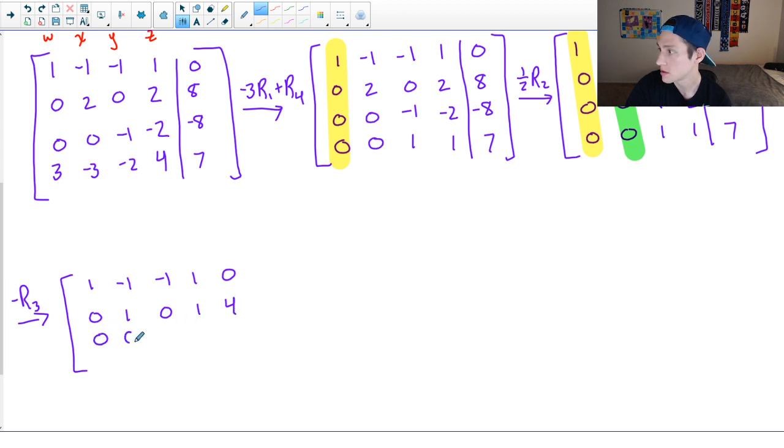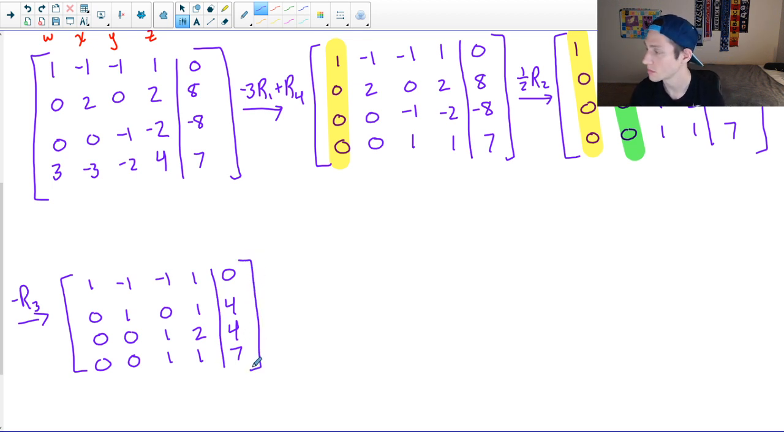So row 3, 0, 0, positive 1, positive 2, positive 4, and row 4 stays the same.